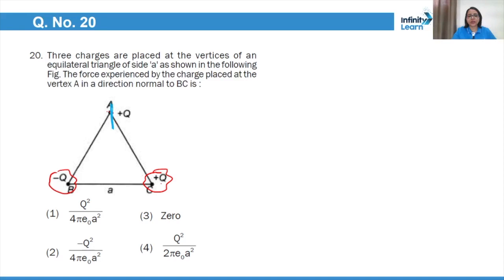And the electric field due to a dipole at any equatorial point is always along the length of the dipole, in the opposite direction of the dipole moment vector p. So there's no electric field component present perpendicular to the length of the dipole, perpendicular to the axis of the dipole, right? If E is 0 along this line, then force, which is Q into E, will be 0. I hope this is clear. So the correct answer is option 3.